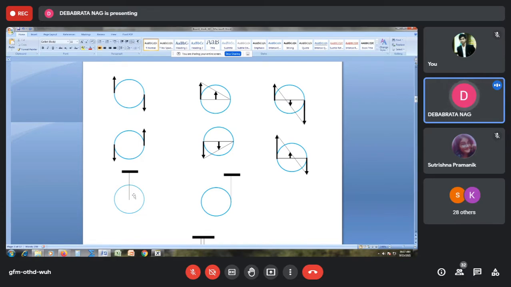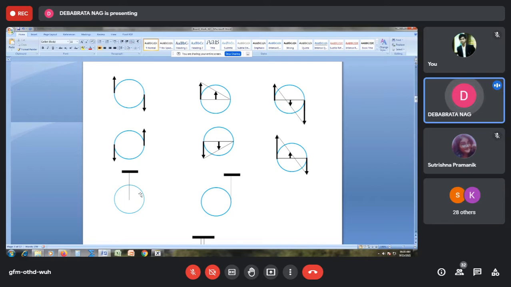Suppose this pulley rotates in the clockwise direction, then this will be the corresponding vector diagram for the velocity and acceleration of the pulley. Since this pulley is rotating about the center, the velocity and acceleration must be tangential and perpendicular to the radius that I can draw here. Suppose the strings are connected in the upward direction.